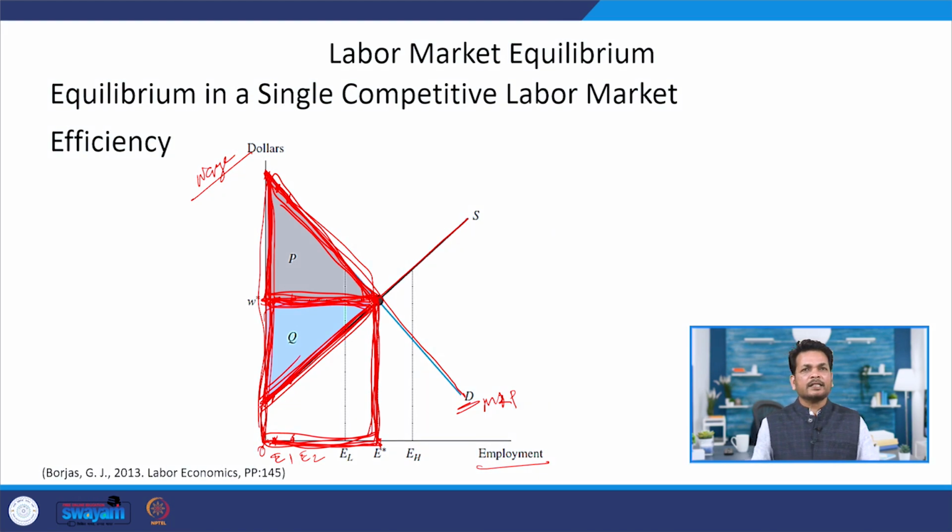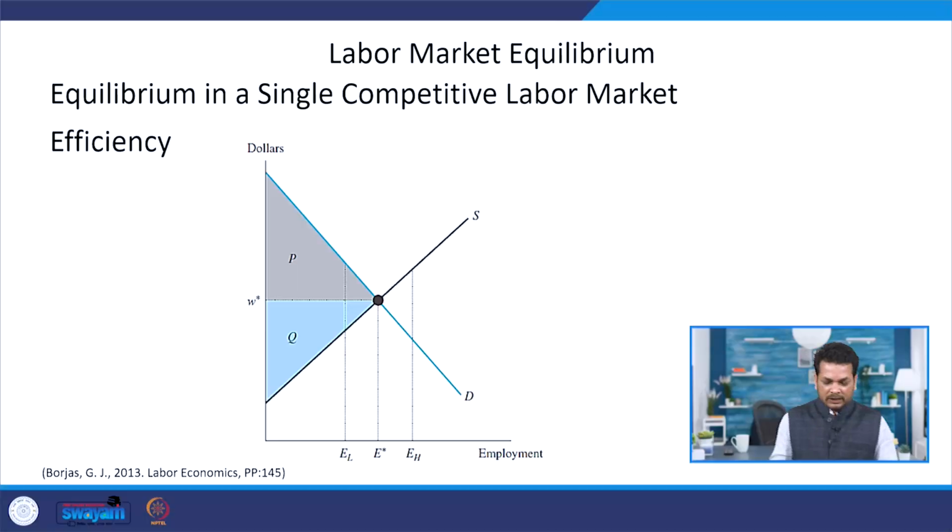So, the total gains from the trade occurring in this national economy are given by the sum of the producer surplus and the worker surplus, the area P plus Q. The competitive market maximizes the total gains from the trade occurring to the economy.